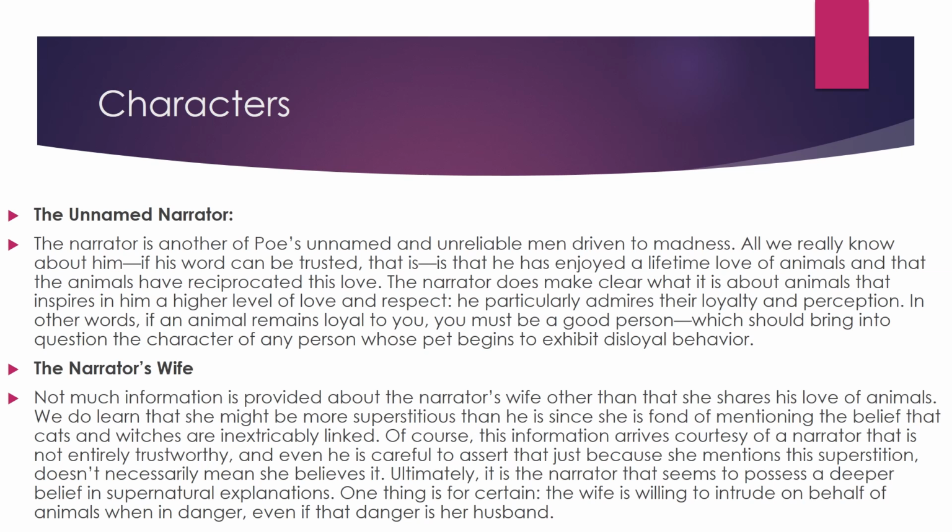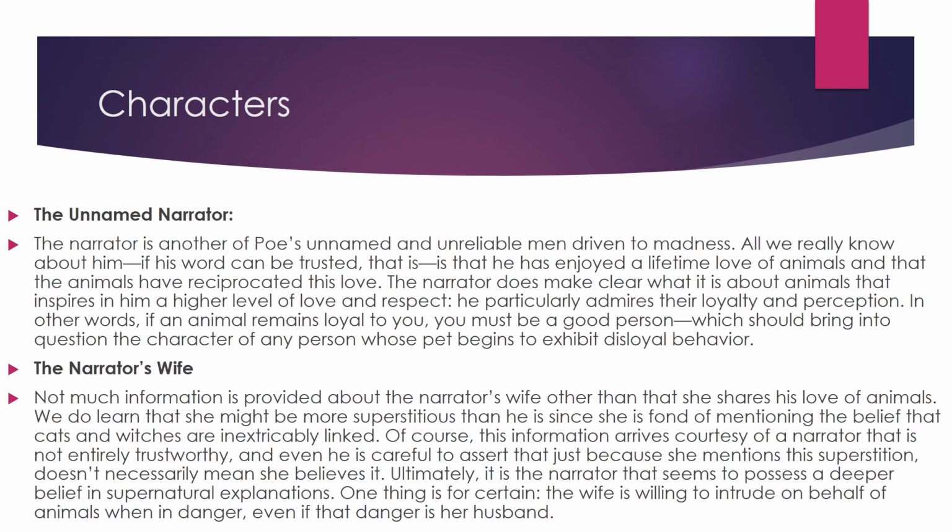As for the characters of this short story, we have some interesting characters. We have the unnamed narrator. The narrator is another of Poe's unnamed and unreliable men driven to madness. All we really know about him, if his word can be trusted, is that he has enjoyed a lifetime love of animals, and that the animals have reciprocated this love.